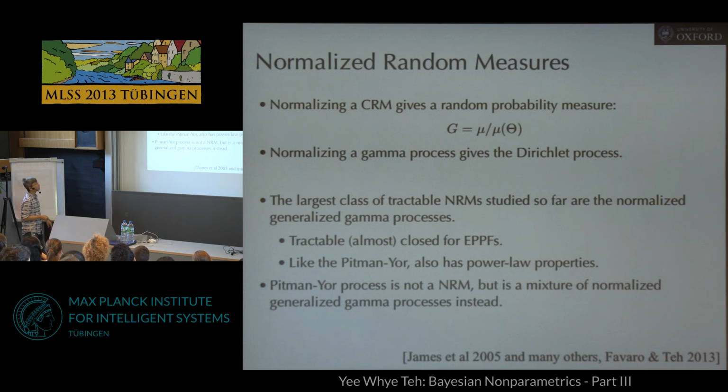Okay. Interestingly, the Pitman-Yor process is actually not a normalized random measure, but it is actually a mixture of normalized generalized gamma processes. So there's a huge number of interesting relationships between these exchangeable random partitions.